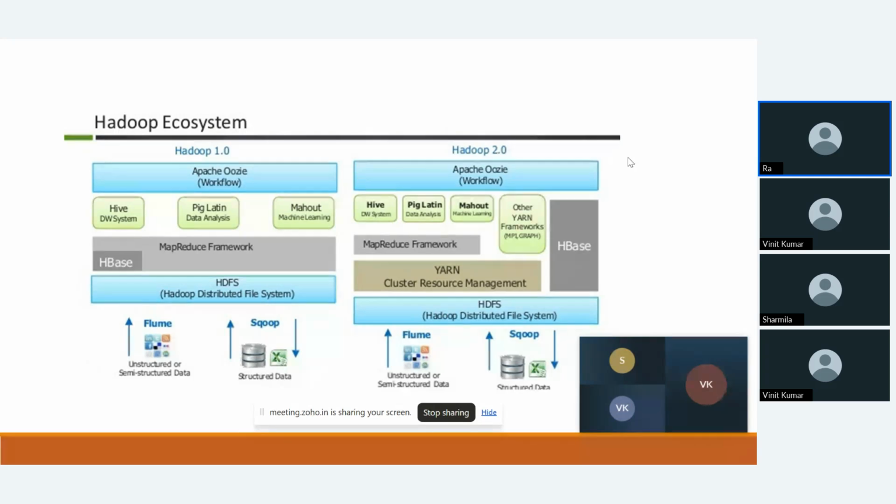To get the data into the system, first we need storage. So in Hadoop we have HDFS, that is Hadoop Distributed File System. How does that work? We'll see it. To get the data onto the system, at that point of time, mainly there were tools.